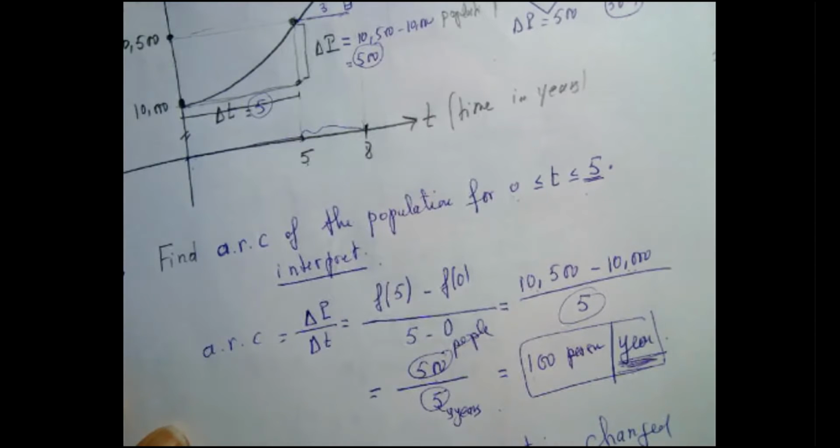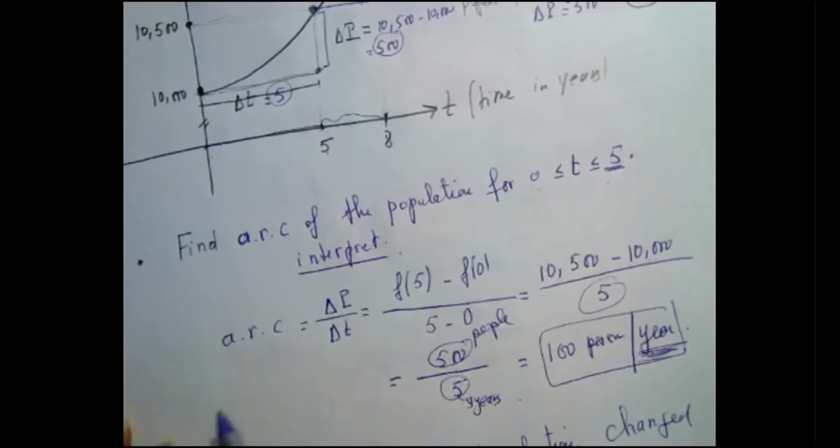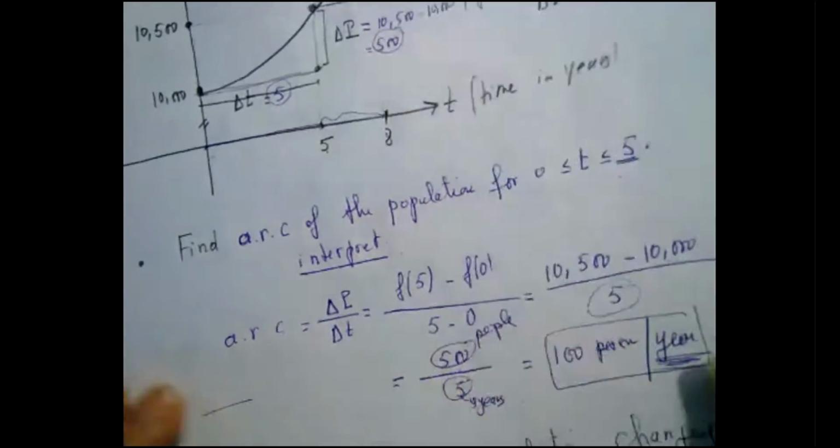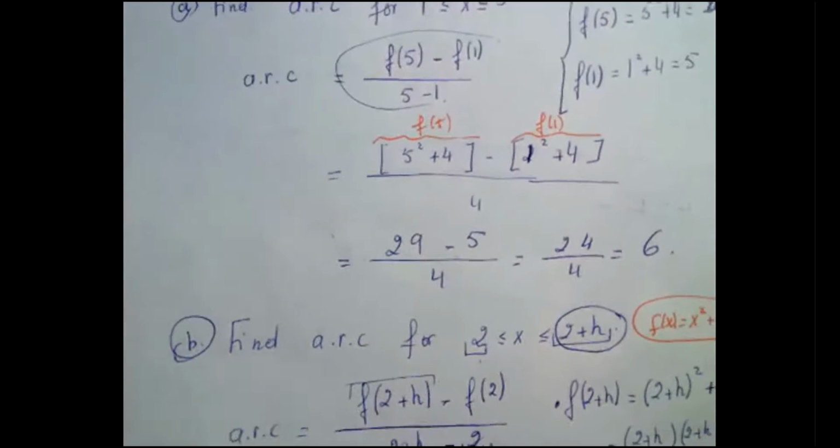In the temperature, how fast was the temperature changing per hour? It's like the velocity, the speed, how fast things are changing. So that's in a word problem. Symbolically, you just work with it by plugging in the function.